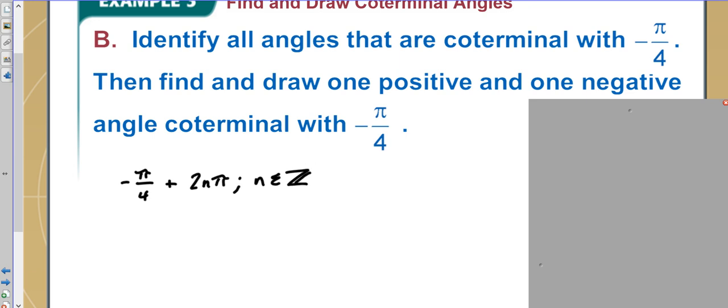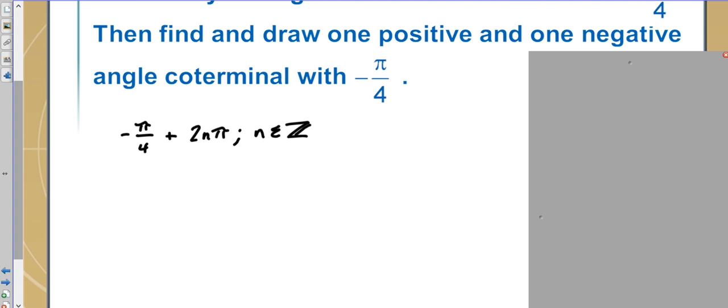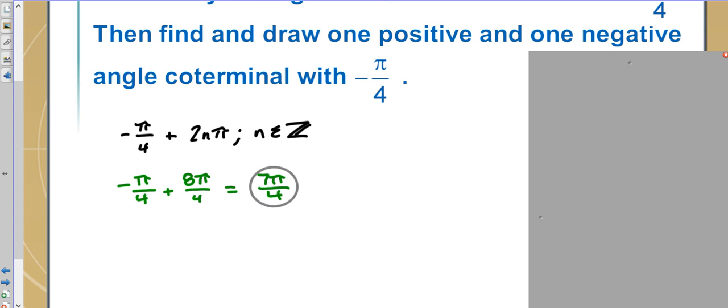I'll try to make this double Z a little bit easier to see. So that's our formula. So now if I just practically wanted to find something that's coterminal, I would first add 2 pi, which is the same thing as 8 pi over 4 if I got a common denominator, because 8 divided by 4 is 2. And so if I added these, I would get 7 pi over 4. Now that's one angle that's coterminal.